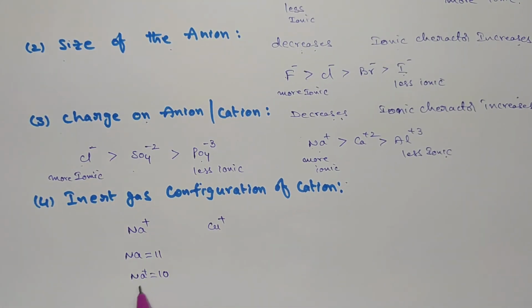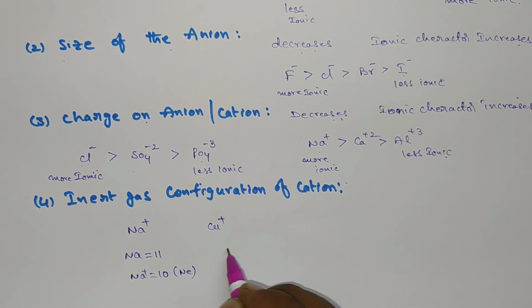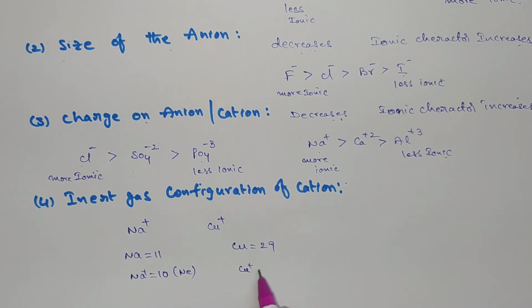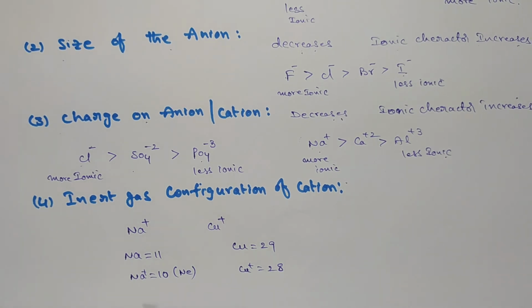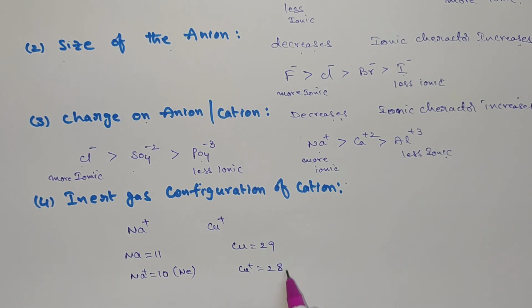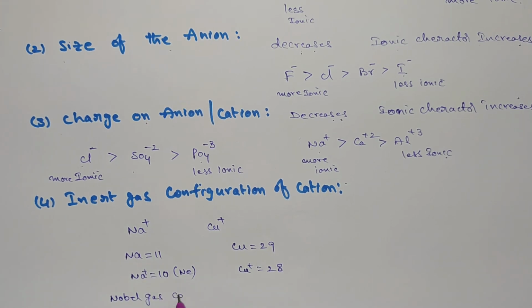That means it has the neon noble gas configuration, whereas copper has atomic number 29, so Cu plus has 28 electrons. That means it has a completely filled configuration but not a noble gas configuration. Cu plus does not have any noble gas configuration.